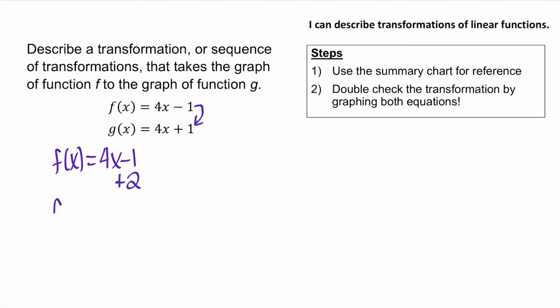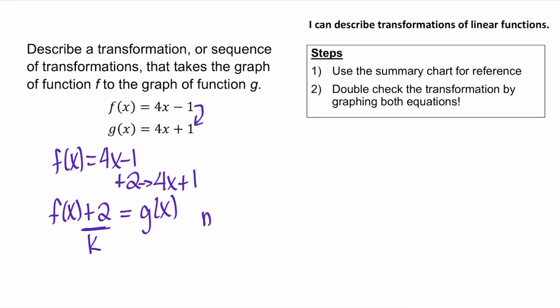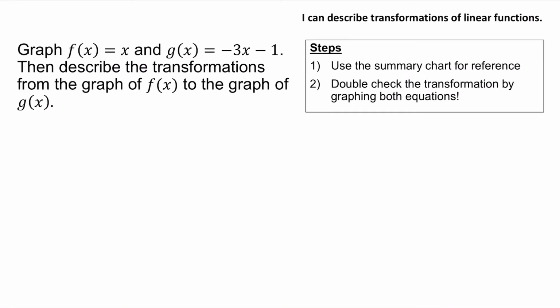So f(x) plus 2 equals g(x), because if I add 2 to this function, I actually get 4x plus 1. So I have k equals 2, which means my graph moves up 2 units. If I graph both functions, I can see that this is in fact true.